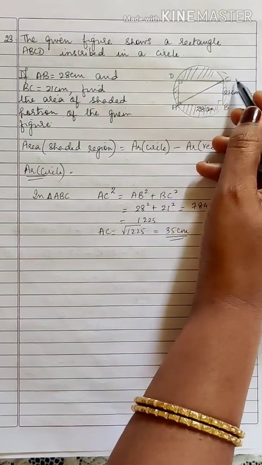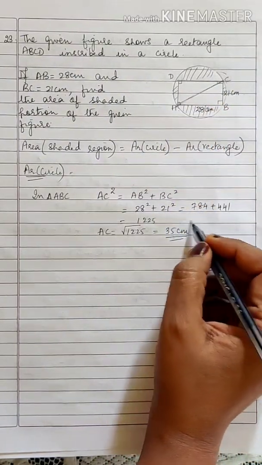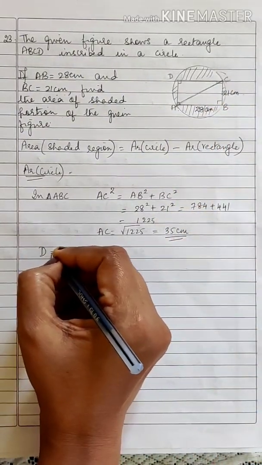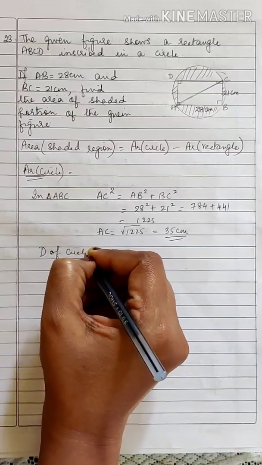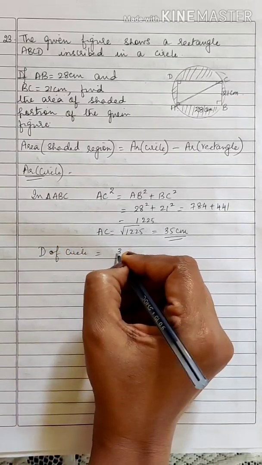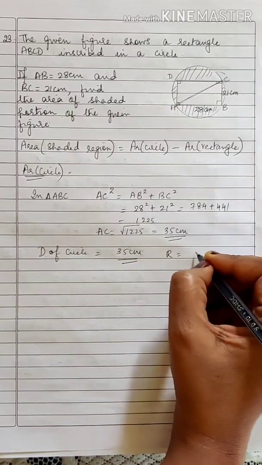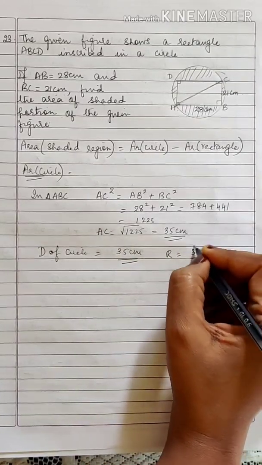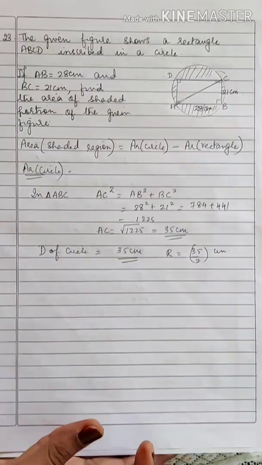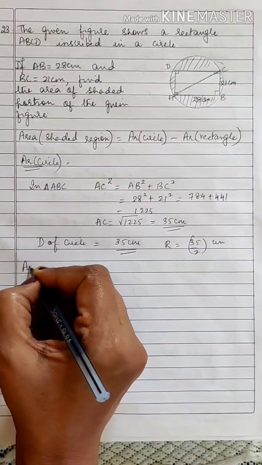So by finding AC, you are finding the diameter of the circle. So the diameter of the circle is 35 centimeter and radius will be equal to 35 by 2 centimeter. Now you can find the area of the circle.